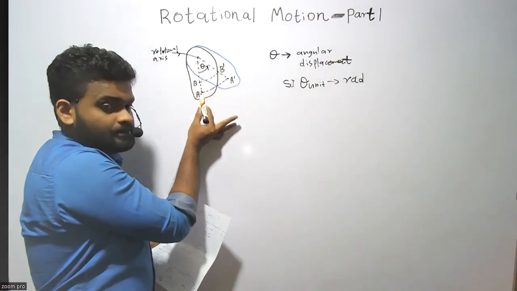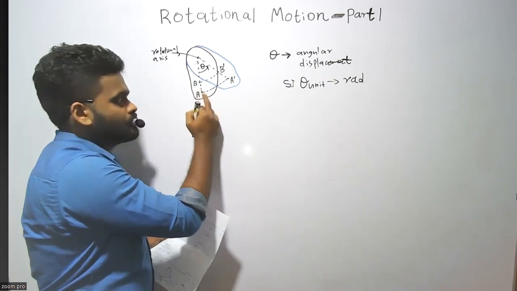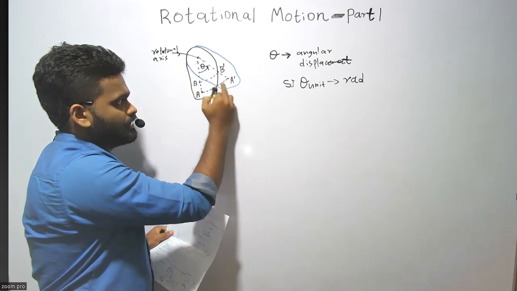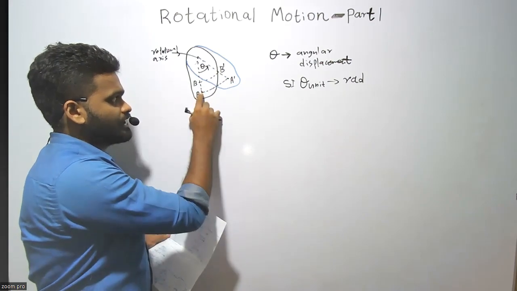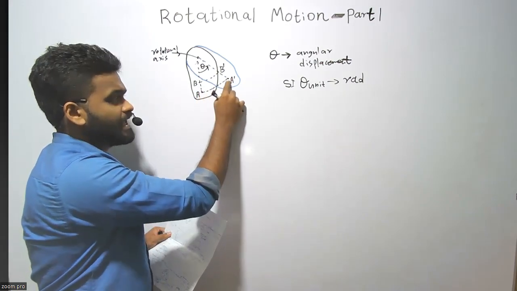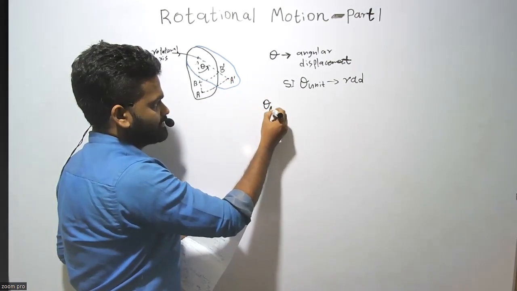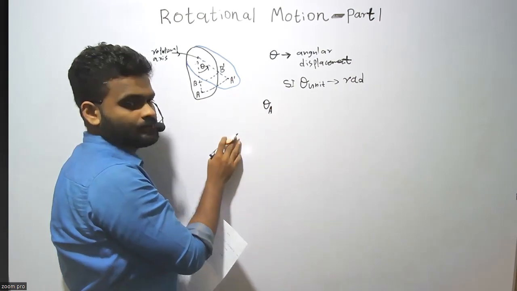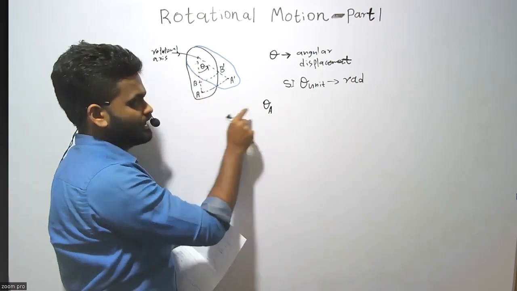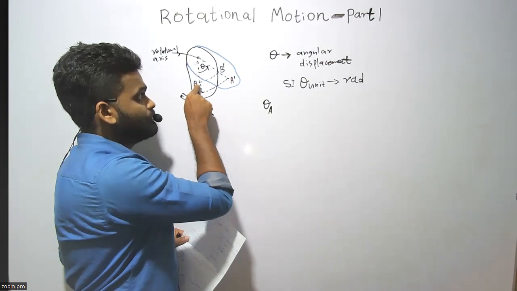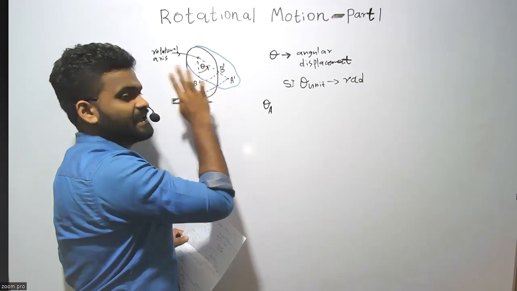Let's say this line. On this line there are 2 points I have marked as A and B. Those 2 points are displaced to A dash and B dash. So what do you see there? This point has made an angular displacement theta. I'll say that displacement is theta A. If you think about B, it also moves from here to here, and that also has the same theta, right?